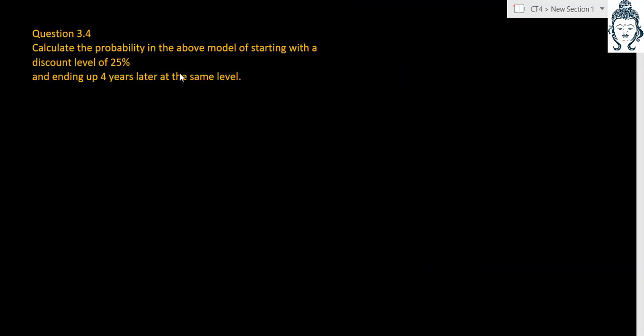Okay, so let's take a few example questions. This is question number 3.4 from your study material. It says calculate the probability in the above model. This is talking about the model that we have just discussed, of starting at discount level of 25% and ending up 4 years later at the same level.